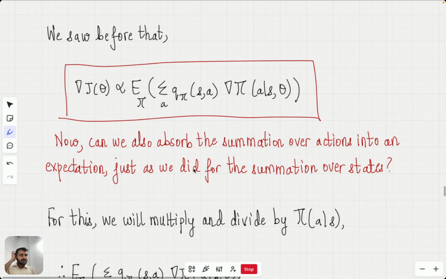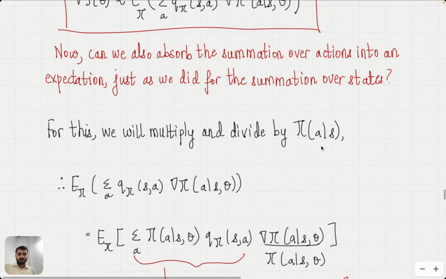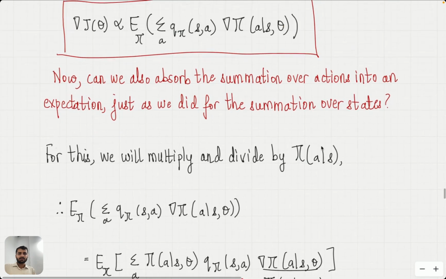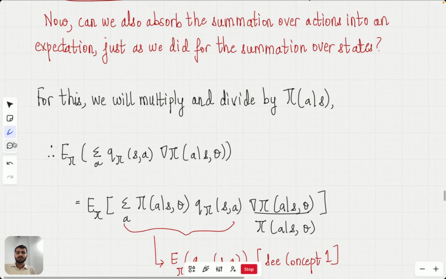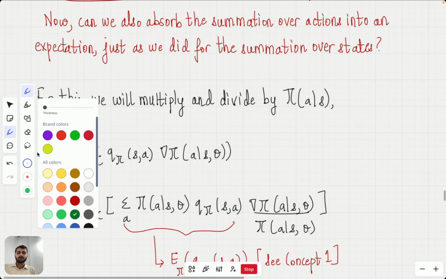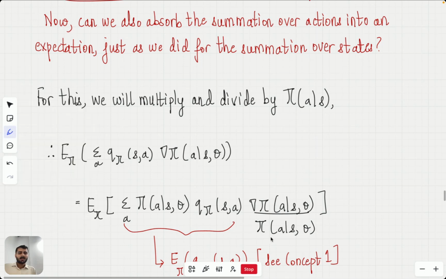Now, let us see if we can absorb the summation of actions also into the expectation, just as we did for the summation of states. And for this, we are going to take this expression and multiply and divide by pi of a given s comma theta.